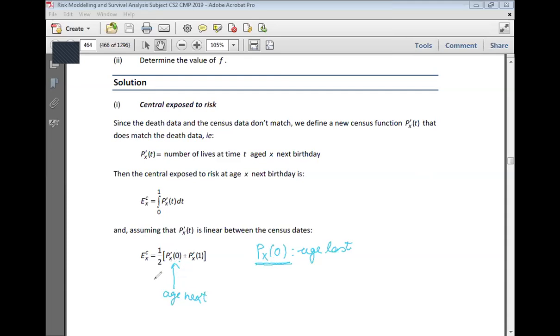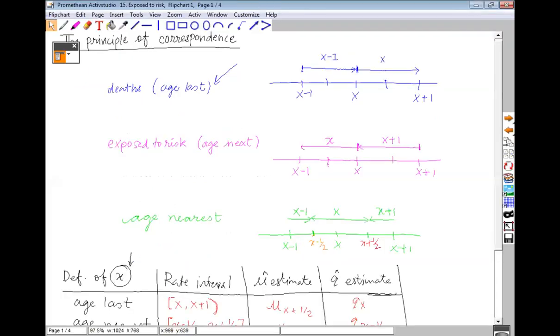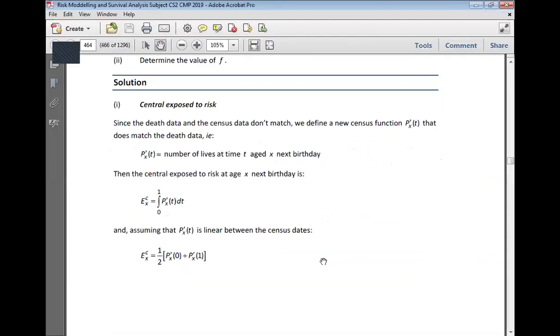So maybe we should go back to this chart here. If I see, I know age next. If age next is X, then the thing that corresponds to this particular time interval is X minus 1 for the age last definition. So now if I go back here, what do you guys see?